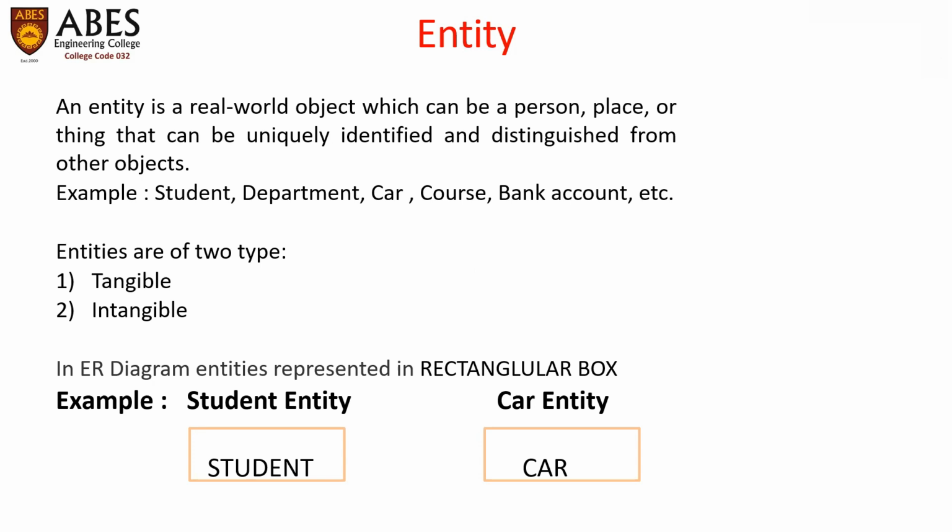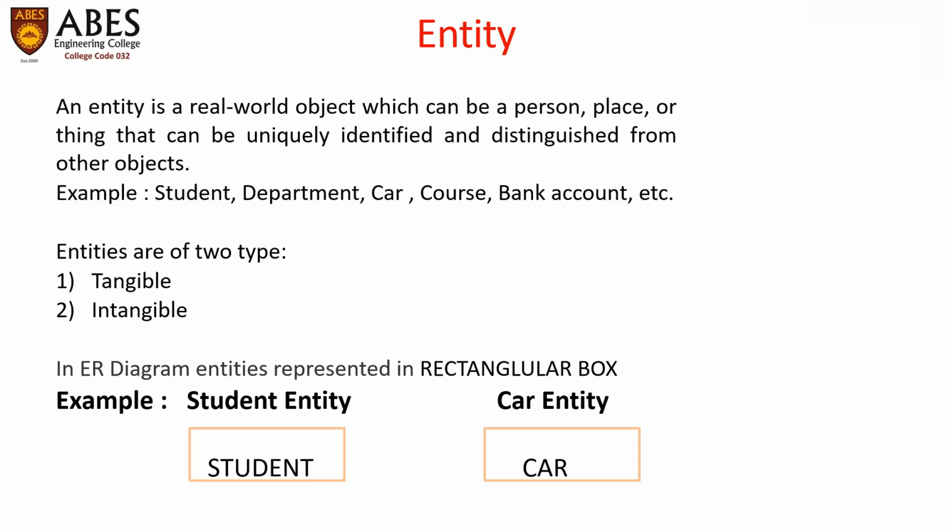On the other hand, department, course, bank account, these are also objects, but they do not have physical existence. But they do have conceptual existence. So an entity can be anything which has any physical or conceptual existence, and it should be able to be uniquely identified and distinguished from other objects.